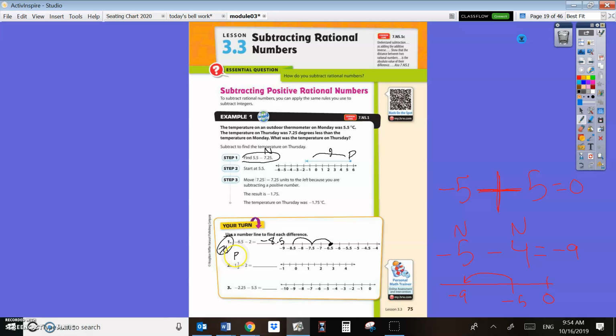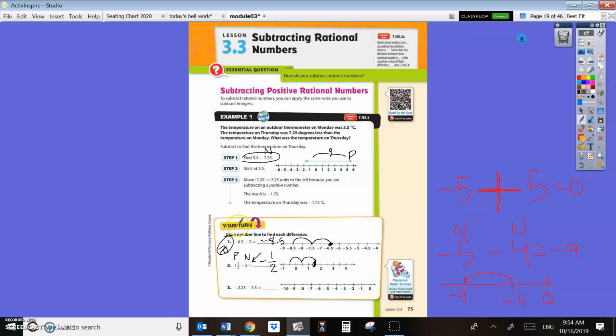You're starting here in the positive, but you're going in the negative direction. So start at 1.5, right here, and then go 2 in the negative direction. 1, 2, and you should get to -1/2.